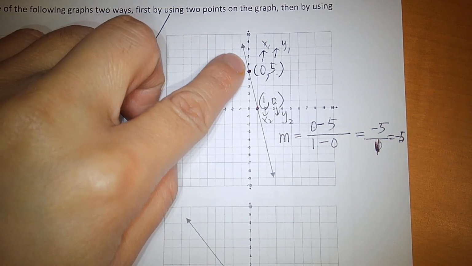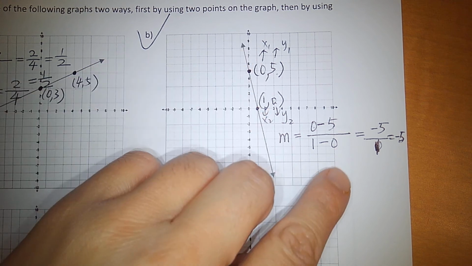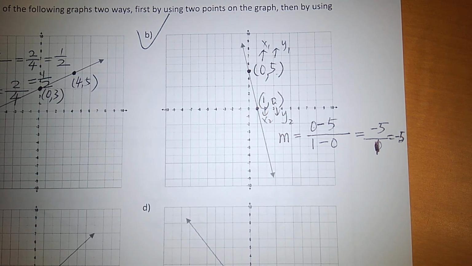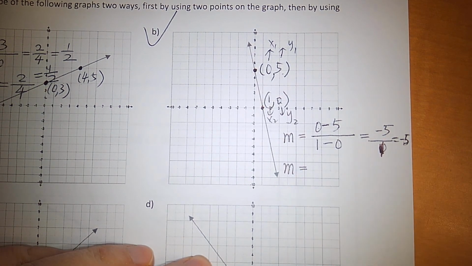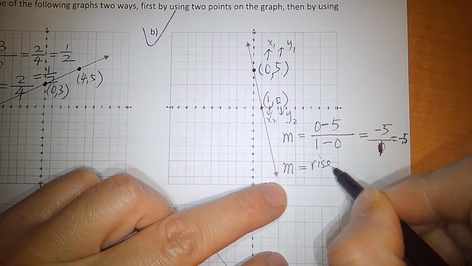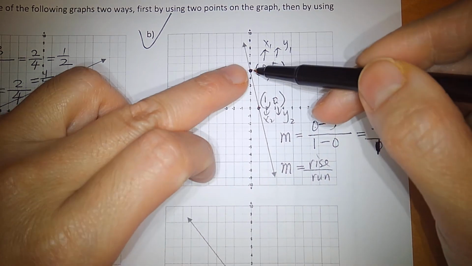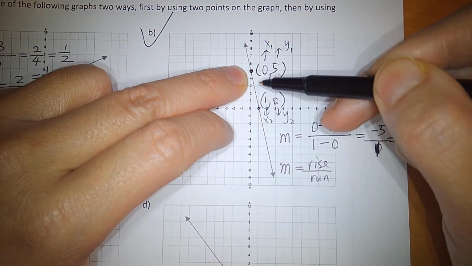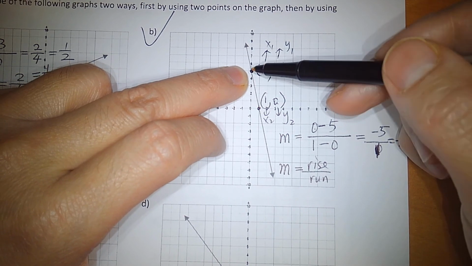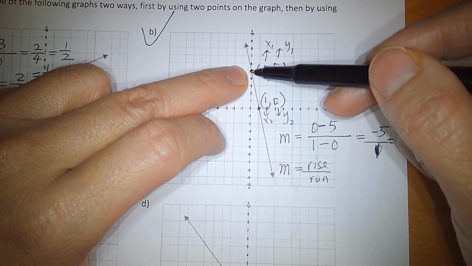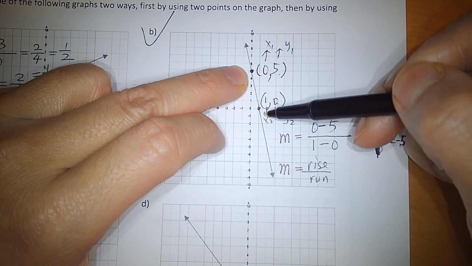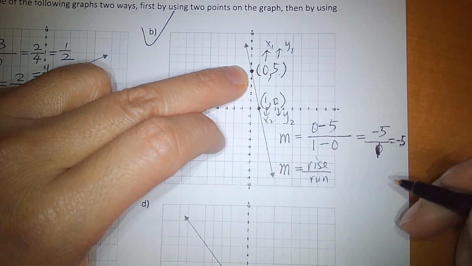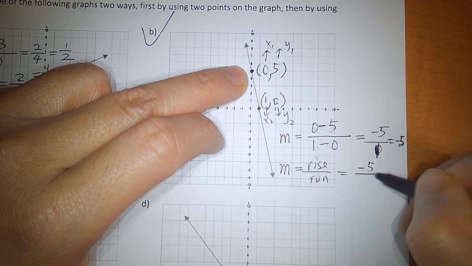So yes, this line is a decreasing line, so the slope of the line is negative, right? Everybody? Alright, so this is using 2 points. How about using the rise over run? From this first point to the second point, what is the vertical change? From 5 all the way down to y equals 0. So it is down for 5 units, okay?